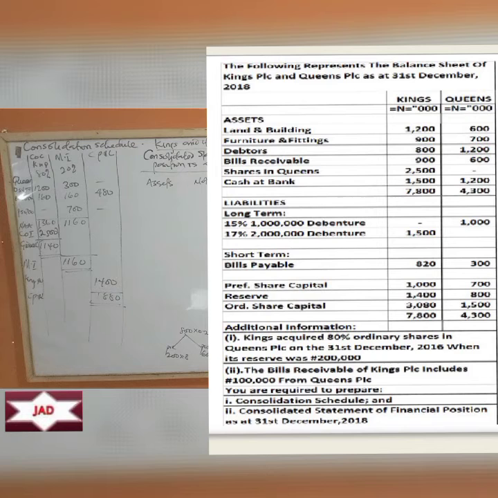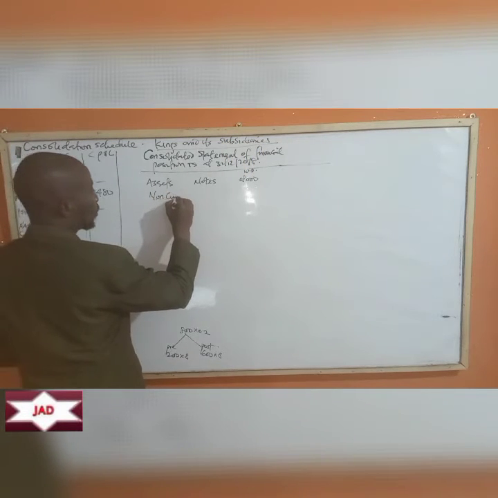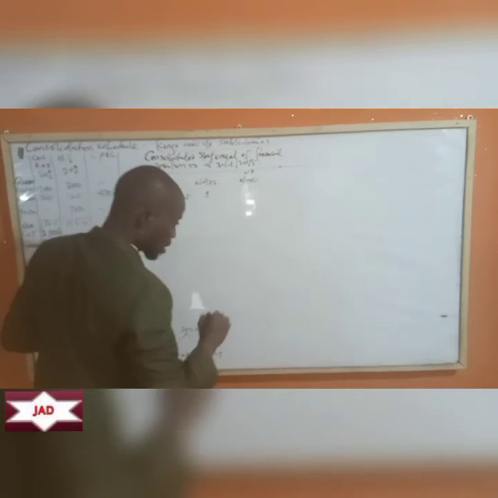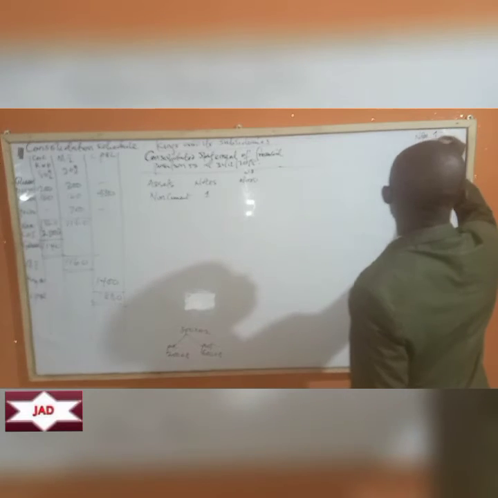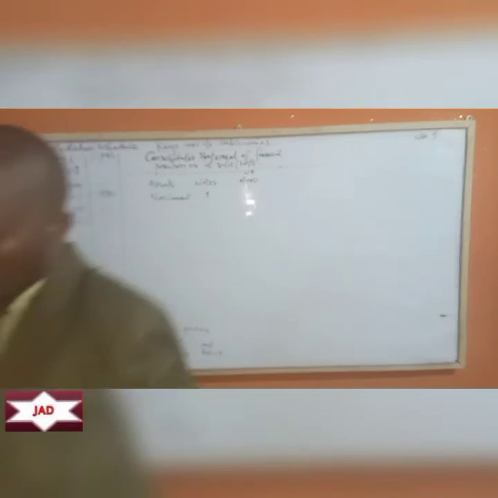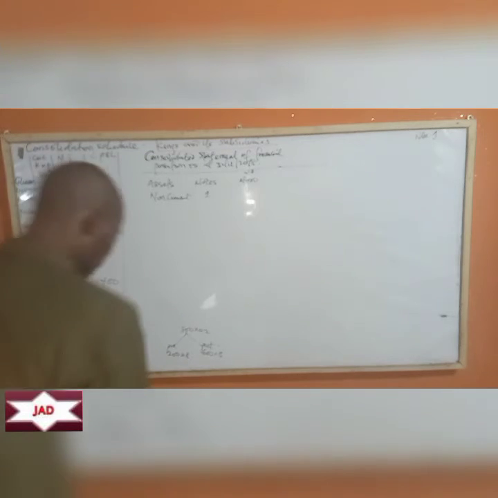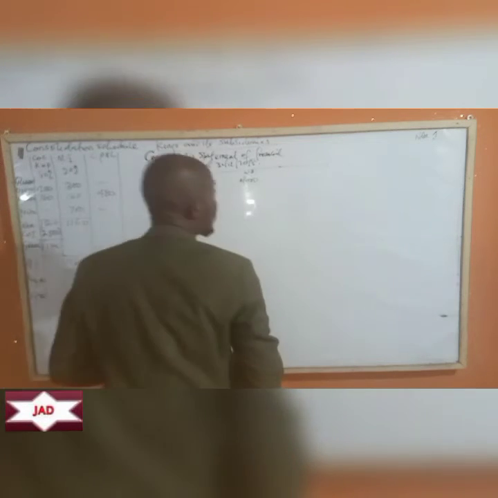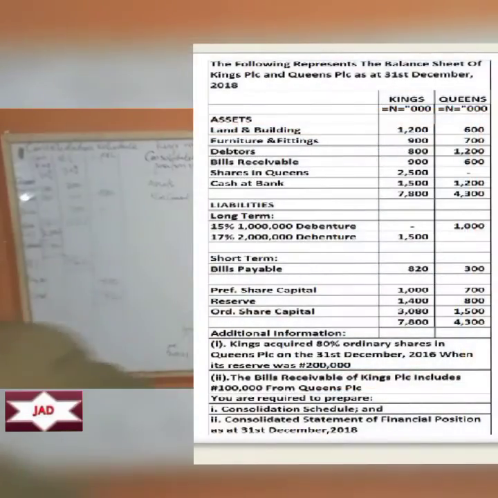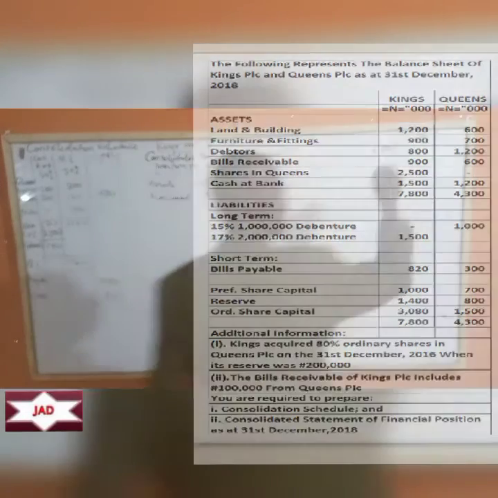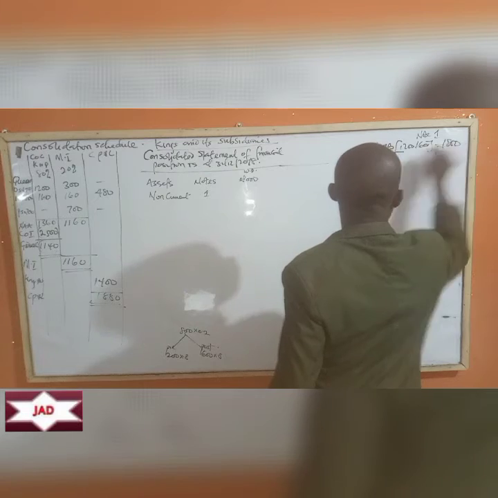Assets. We have non-current. What are the non-current assets there? So let's call that note 1. Let's put that somewhere here. So what are the notes? You have land and building, furniture and fittings. Land and building, what is there? 200 plus 600, you have 1,800.